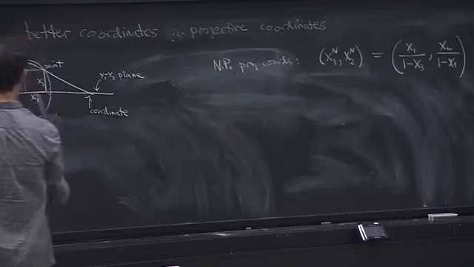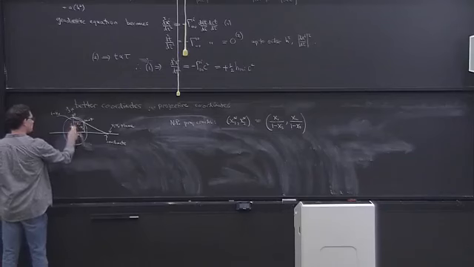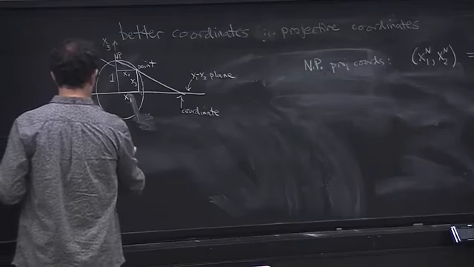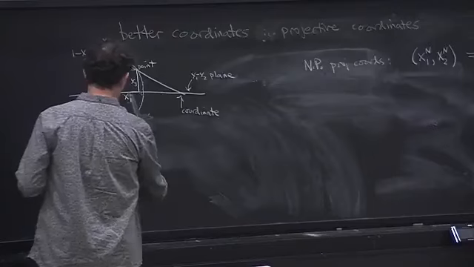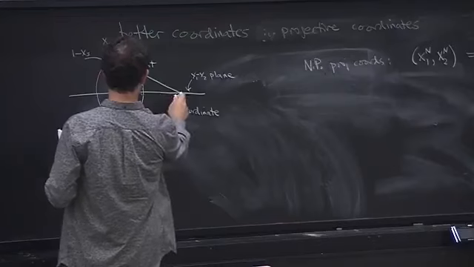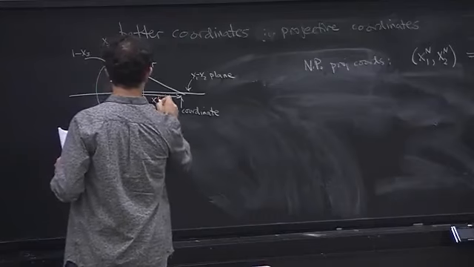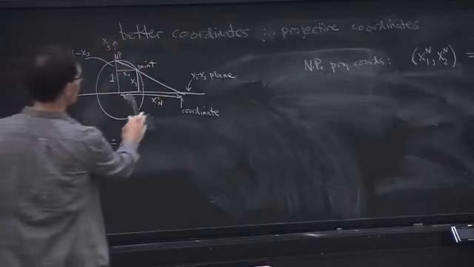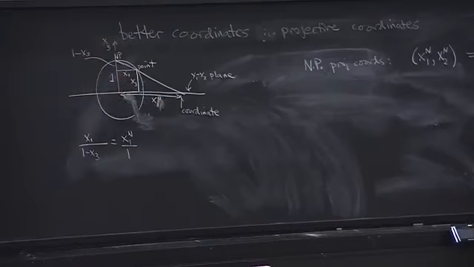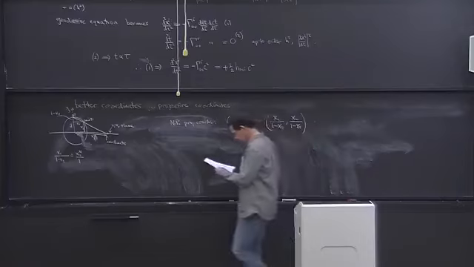By similar triangles, this triangle is similar to that triangle. So x1 over 1 minus x3 is equal to x1n over 1, and this distance is x1n. So these are North Pole projective coordinates.